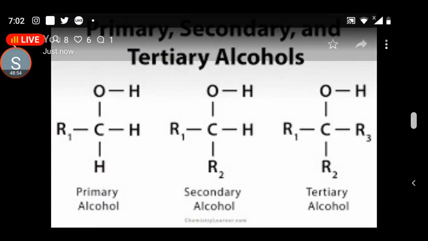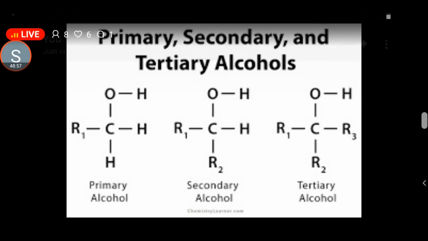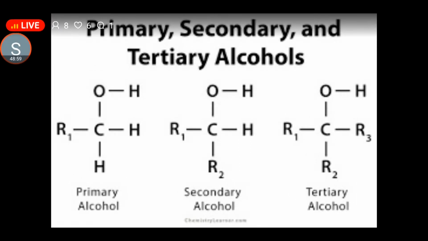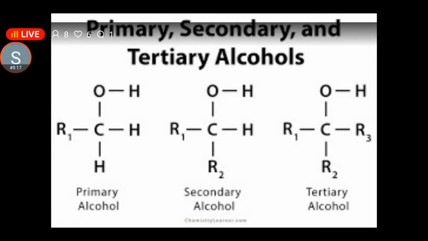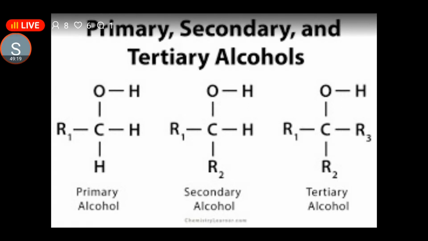Yeah, see this. Primary, secondary, and tertiary alcohols. The OH group attached to the primary carbon atom is known as primary alcohol. If the OH is attached to the second carbon atom, then it is called secondary alcohol.